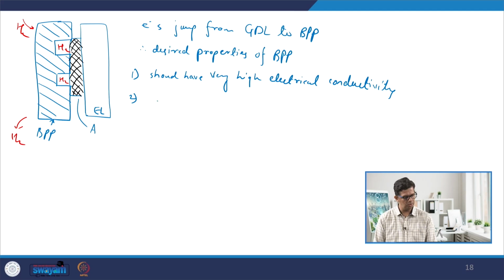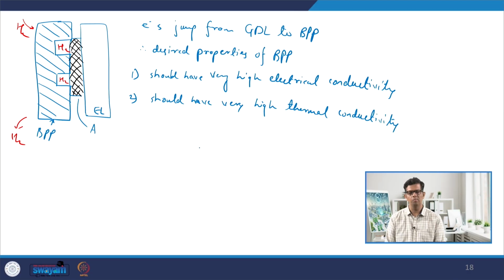Second, it should also have very high thermal conductivity. We will discuss more about the thermal conductivity and its significance as and when we discuss the scale-up issues. Third, it should have good mechanical strength.